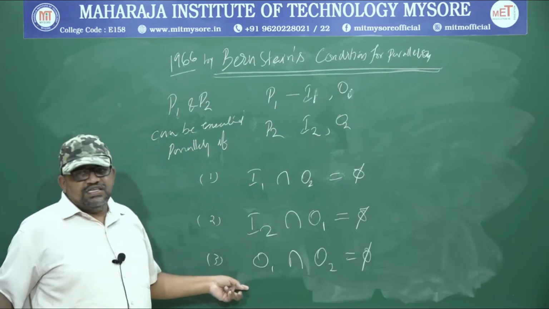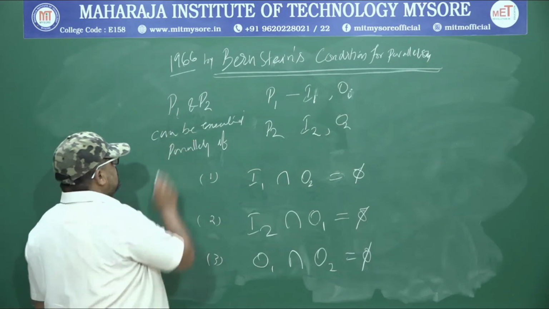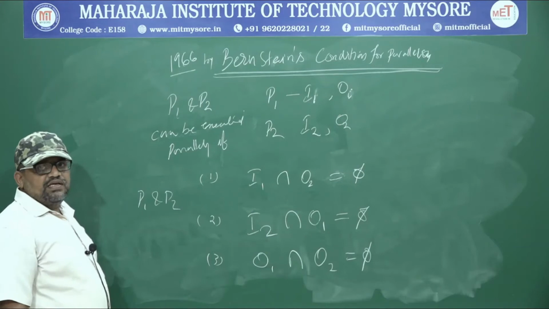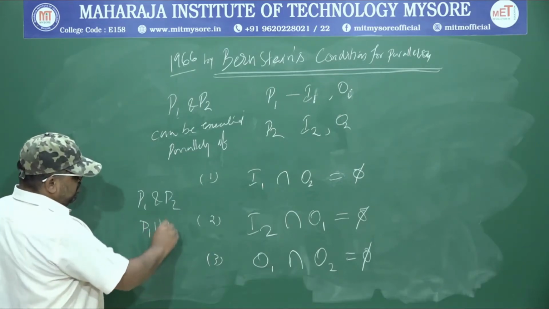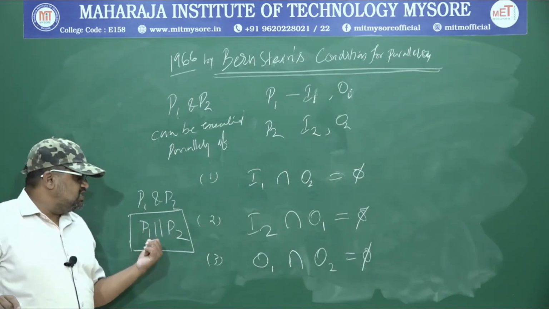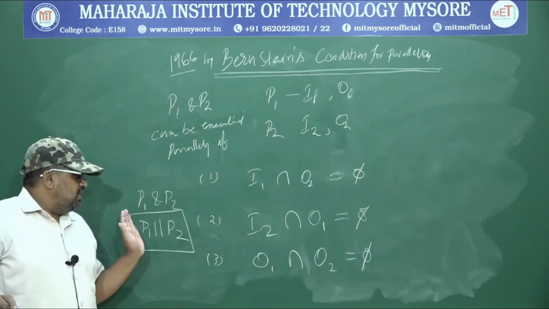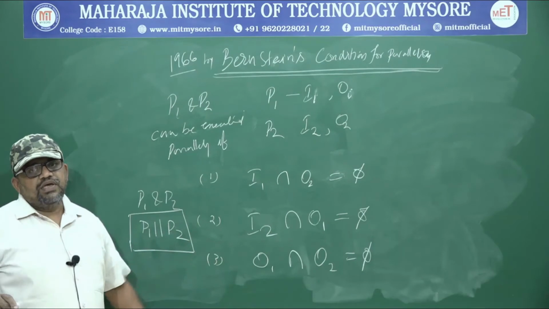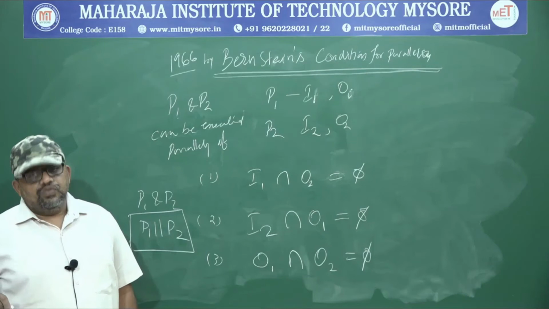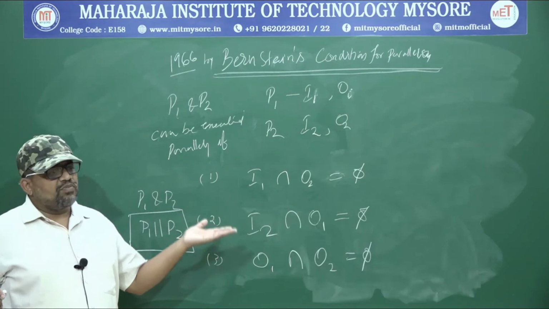Now if you satisfy these three conditions, then simply you can say that the processes P1 and P2 can be executed parallelly. So we represent it as P1 parallel P2. It means that at any point of time these two processes can be executed parallelly, and there is no change in the output, whether they are executed first, second, or both together at some point of time.